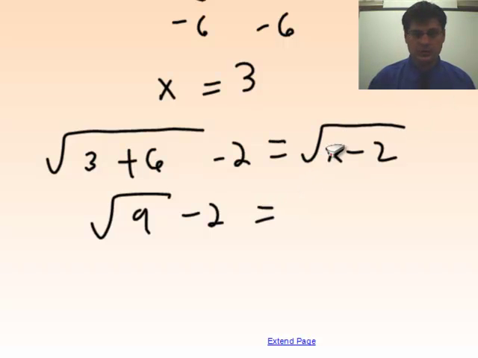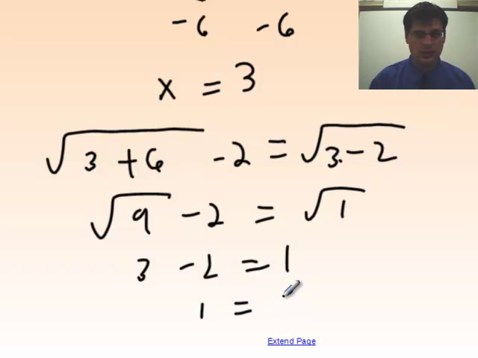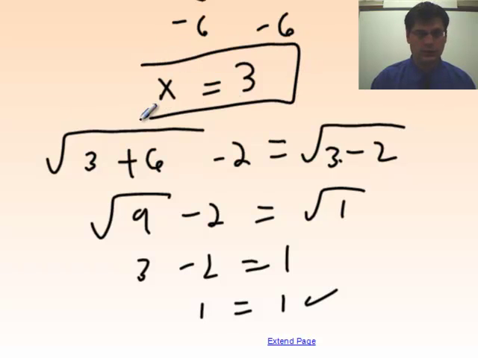And since we're substituting in 3, I should substitute 3 on the other side as well. And that's just going to give me the square root of 1. So now I'm left with 3 minus 2, which equals the 1, and 1 equals 1. So that checks out. So it is in fact x equals 3 is our solution.